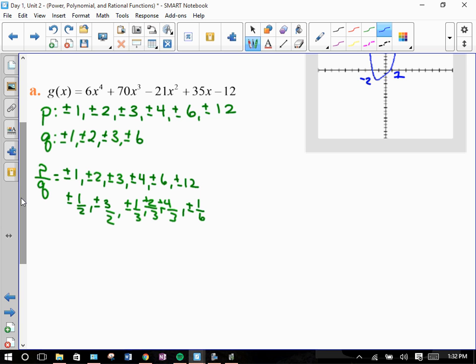So first off, you want to find the interval in which all the zeros fall. Alright, so we're going to try positive 1 first. Alright, and we're going to have 6, 70, -21, 35, -12, 76, 76.